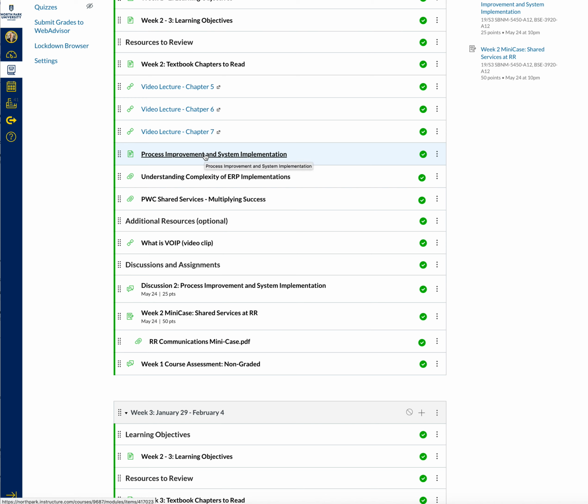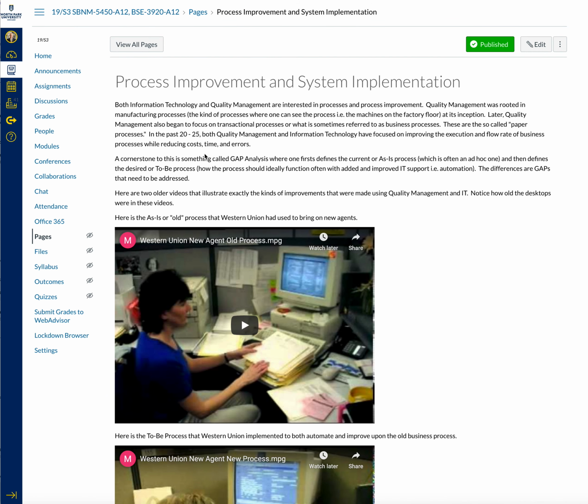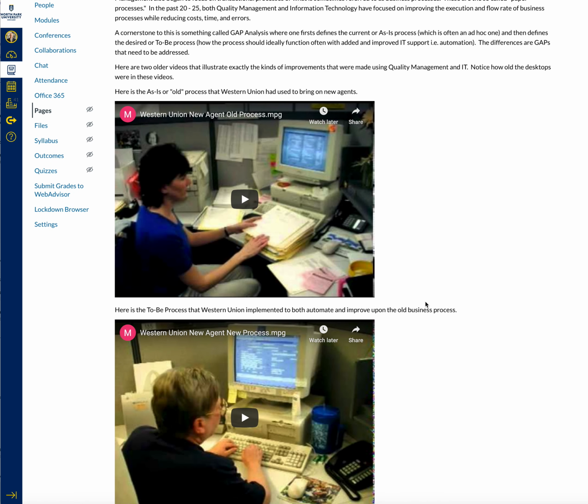Then I have some other readings. Process improvement and system implementation. Because we're talking about SAP implementations, or Oracle implementation or any ERP implementation, there's a complexity involved in it. Now these are old videos. I mean, you can tell by the kind of PCs they have in here.